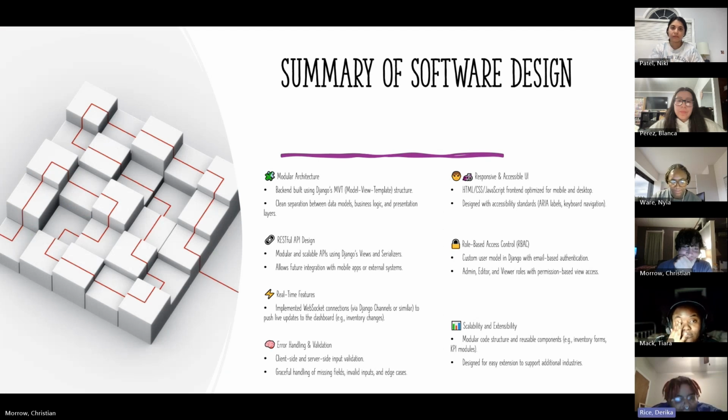Summary of software design. Modular architecture: the backend is built using Django's model-view-template structure, with clean separation between data models, business logic, and presentation layers. RESTful API: modular and scalable APIs using Django's views, which allow future integration with mobile apps or external systems.